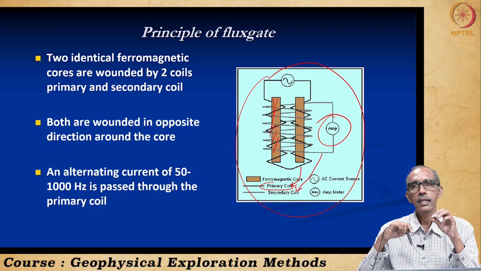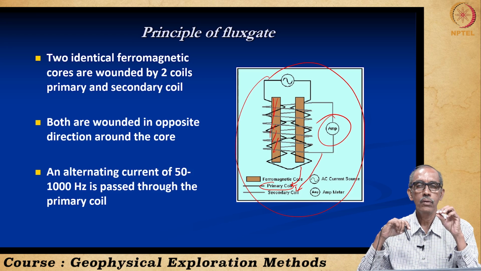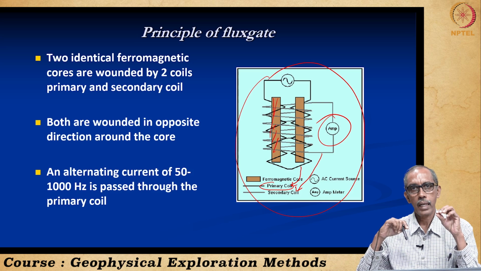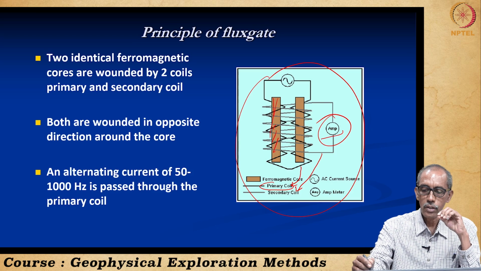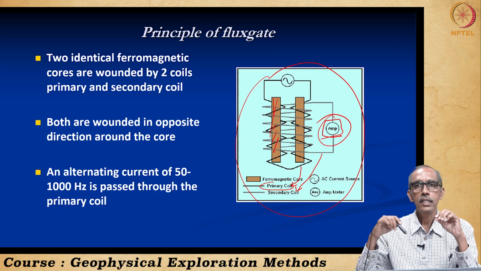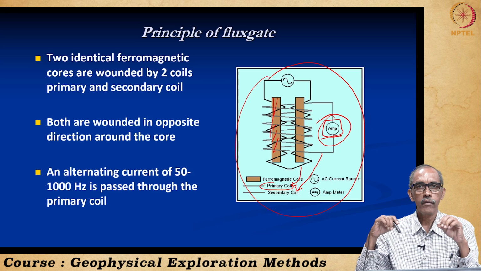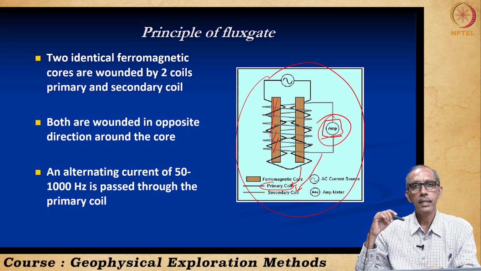That signal is proportional to the magnetic field strength of that location. So, this is how I can explain very simply the principle of the flux gate magnetometer. That means the signal that is generated is proportional to the magnetic field prevalent at the place of investigation.